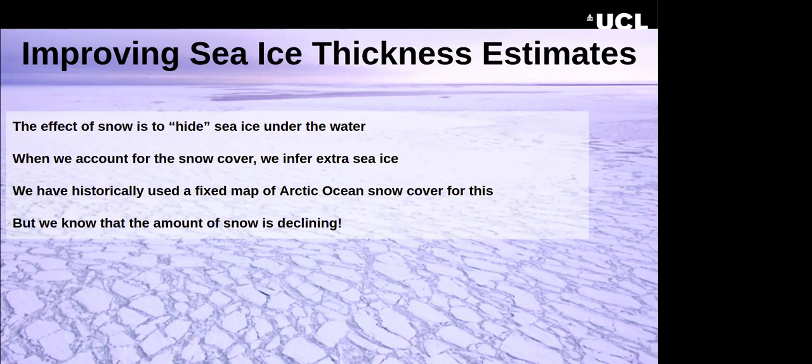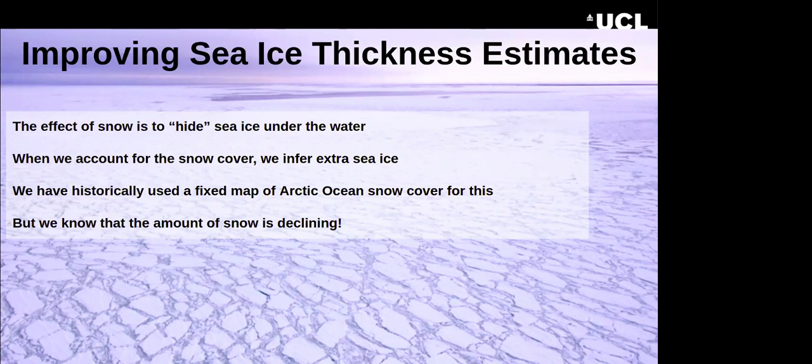That's particularly the case over first year ice, over seasonal ice, because it tends to freeze up later in the year, which means that snow just falls into open water for longer, and snow has less time to accumulate on sea ice. So snow cover is declining, but most of the altimetry community, certainly the radar altimetry community, is still using the same maps every year that were generated in 1999.